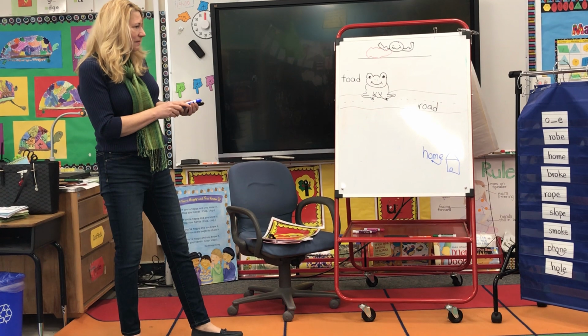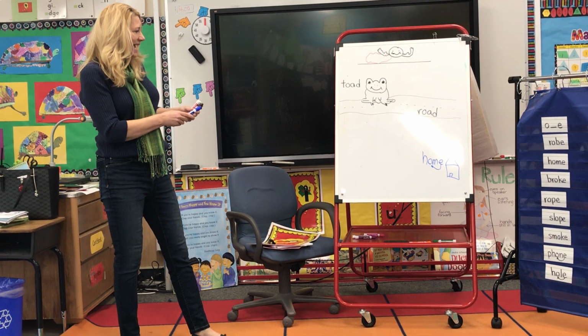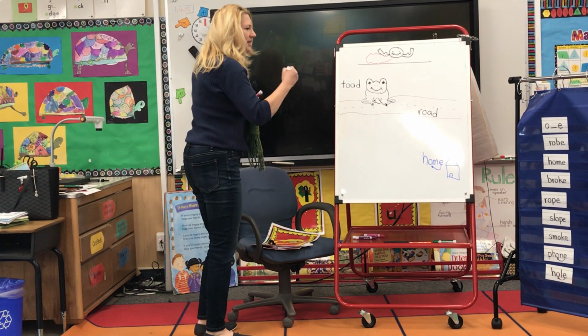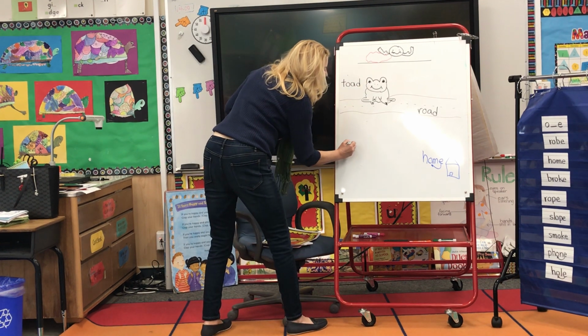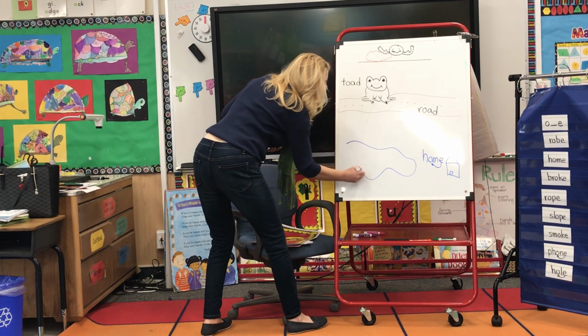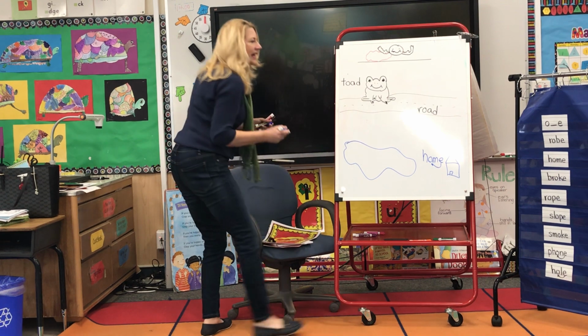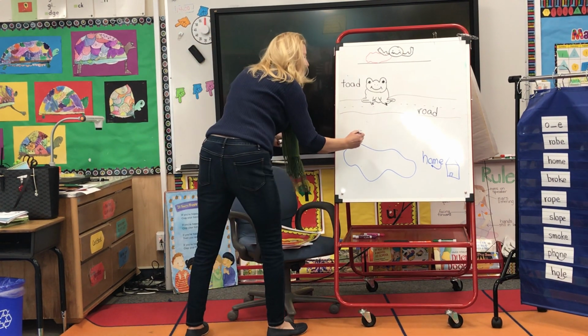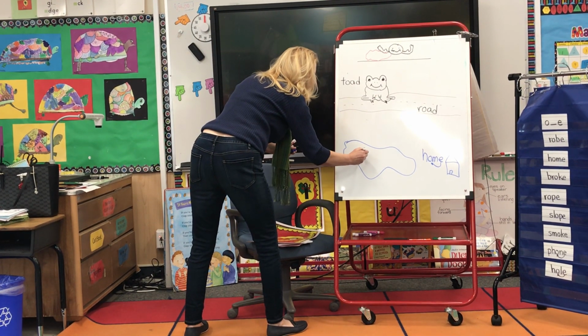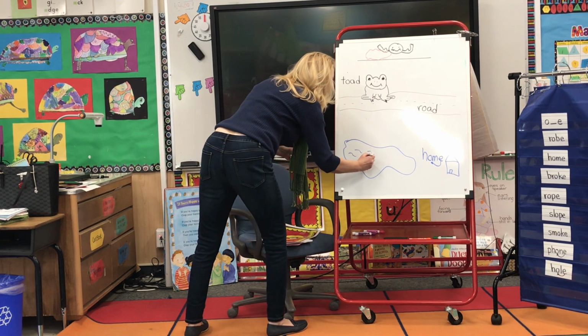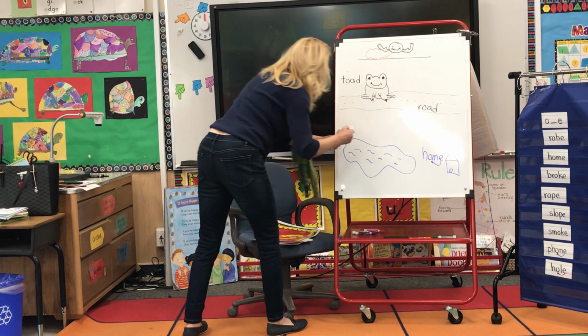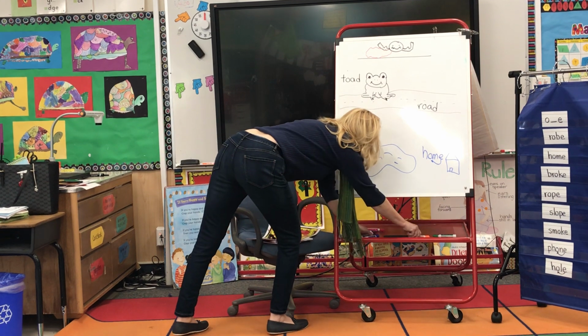And near the home is a lake. So I think I'm just going to draw a lake right here. And the lake has a boat. So I'll draw some waves. And I think I'll make my boat orange.